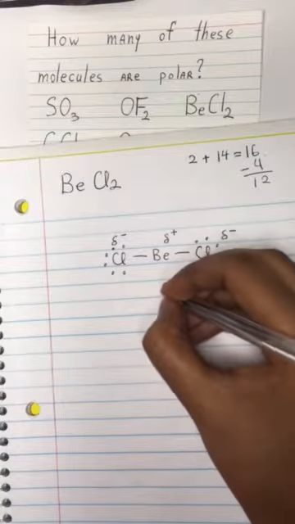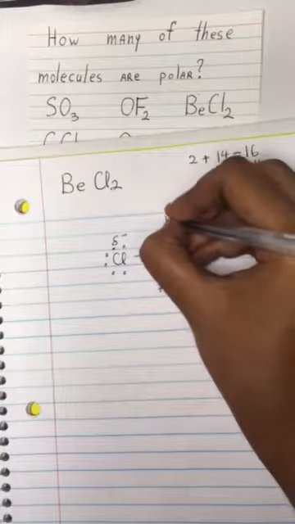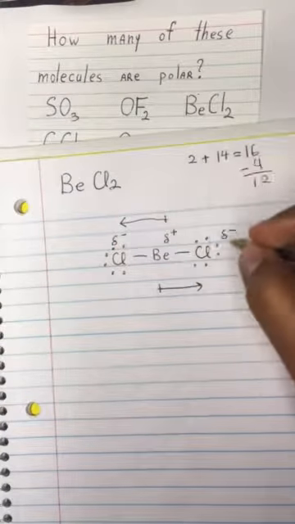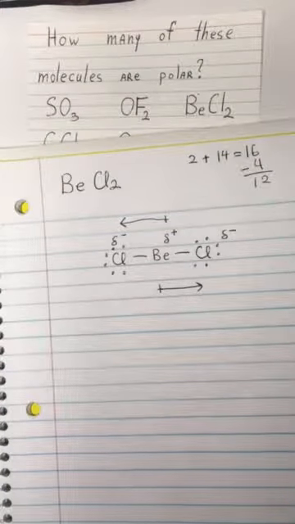Based on the partial charges, the net dipole is towards the chlorine atoms. Now we must determine the net molecular dipole. But before that, we must find out the molecular geometry of this molecule.